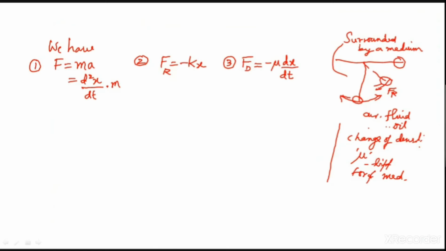Now, the higher the value of mu, the lesser the velocity of the body. Therefore, this is proportional to dx by dt. The proportionality constant is mu. This velocity is opposite here, so it is negative, therefore this is minus mu dx by dt.